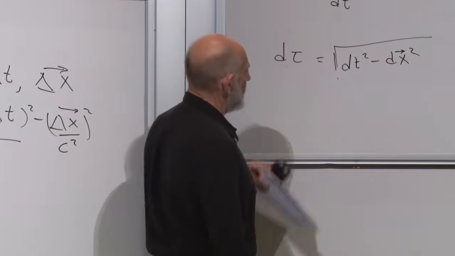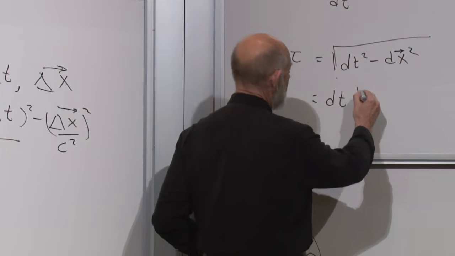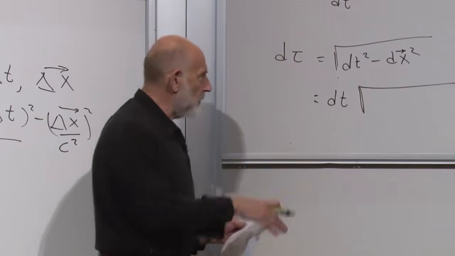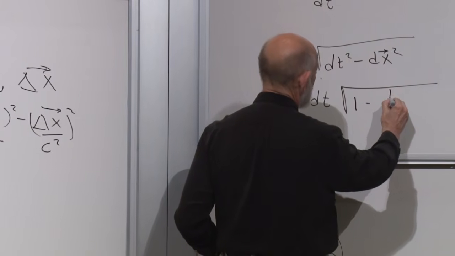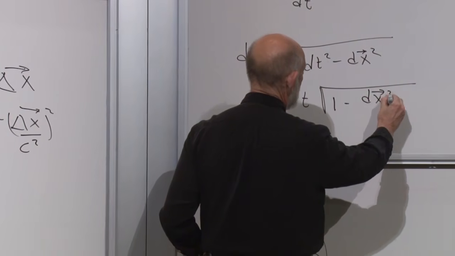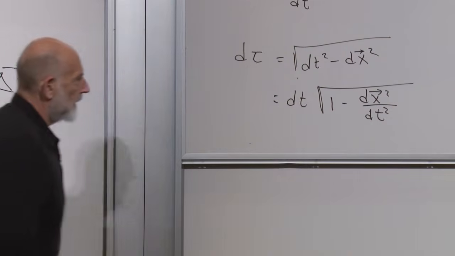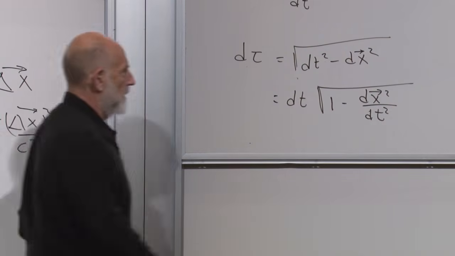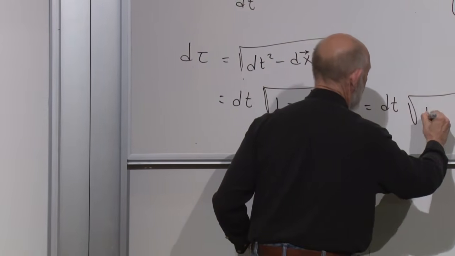Let's take dt outside the square root, in other words, factor it off. Then we get in here 1 minus dx squared by dt squared, or just dt times the square root of 1 minus v squared.